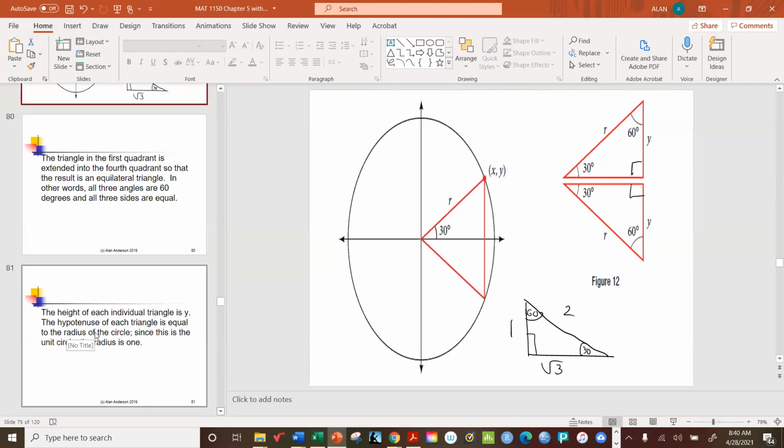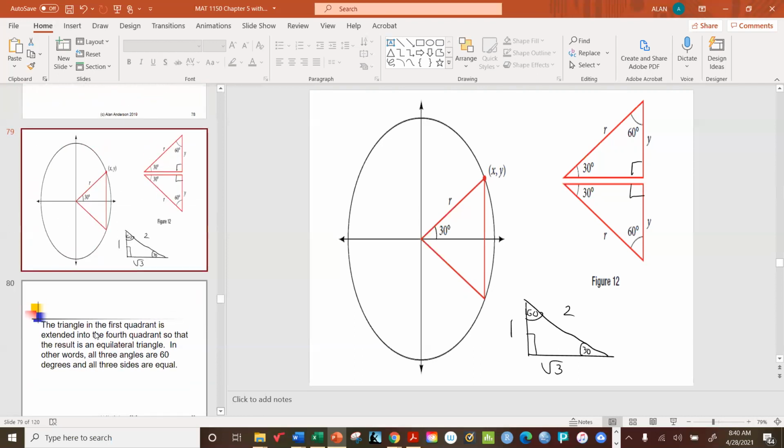Now, how does this work? Here's the interesting part. If you look at the entire triangle, this whole thing, not just the top and the bottom, this is what we call an equilateral triangle, which means all 3 sides are equal.